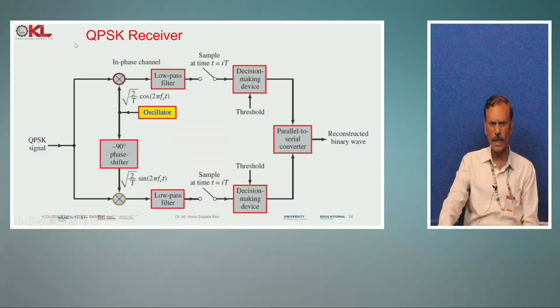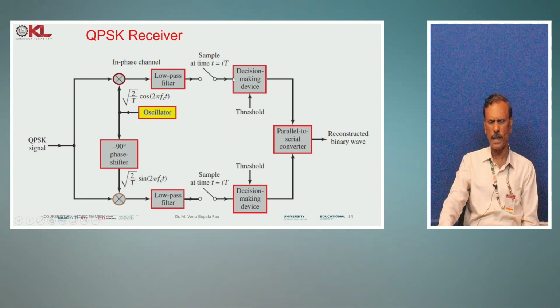Similarly, at the receiver side, the opposite process takes place. Again we use the same oscillator, cos 2 pi fc t, and with a 90 degree phase shift we get sin 2 pi fc t. The signal we receive is simply multiplied with these oscillators in both the in-phase and quadrature components. Then we have 2 low pass filters and then the addition device.